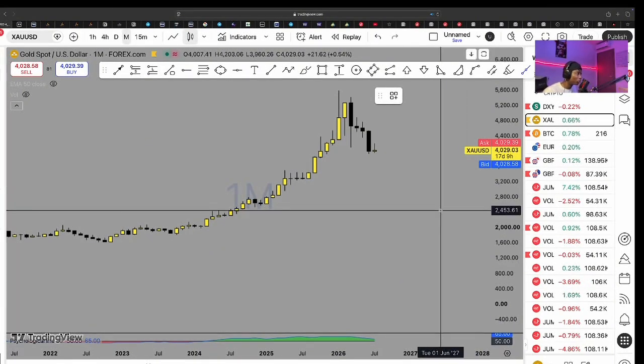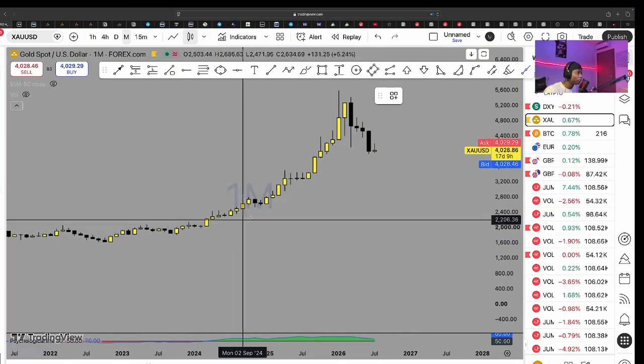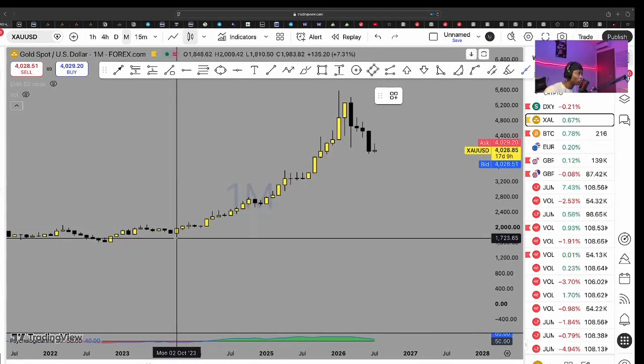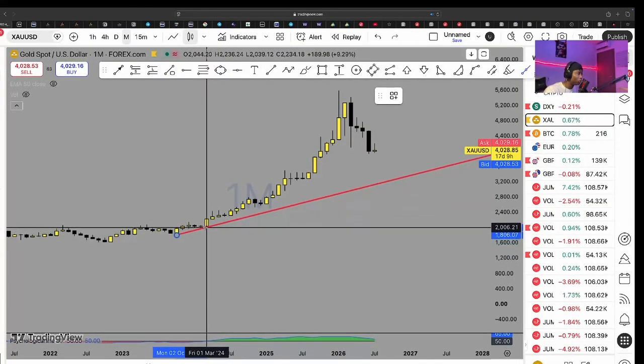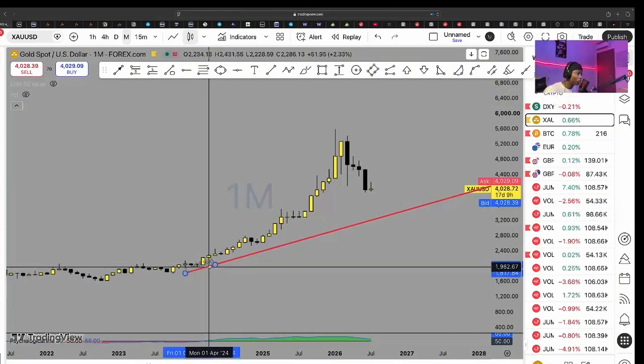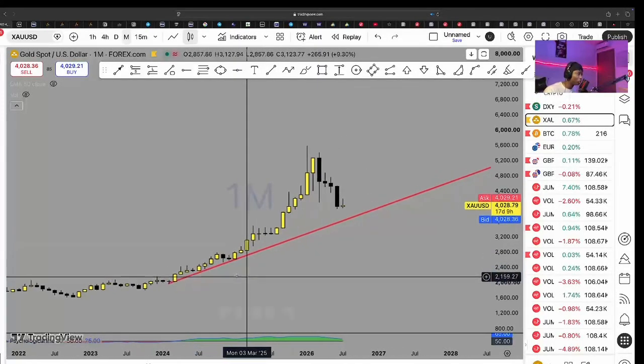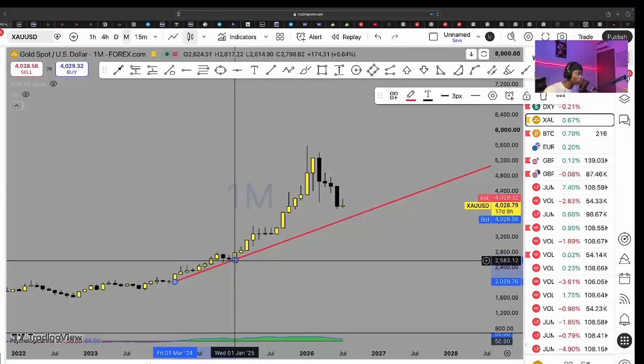So for me, basically, I trade trend line break and retest. As you can see, we had a trend line coming at this point. That's the third touch: first, second.